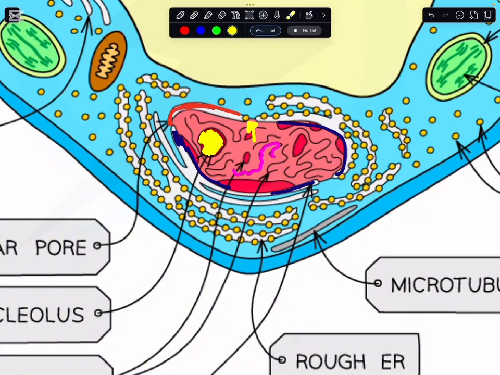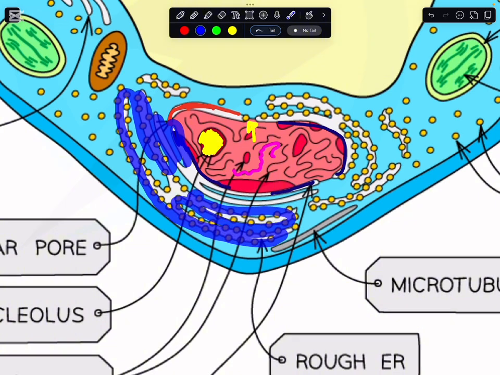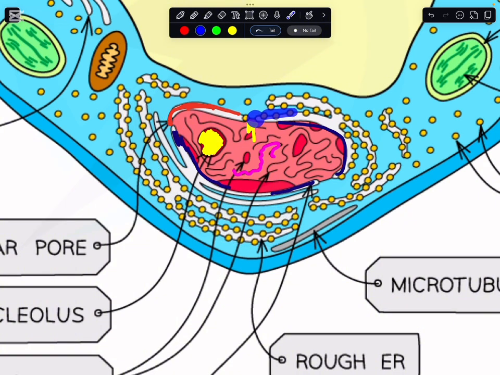And in close association with the nucleus, what we have now is the membrane of the rough endoplasmic reticulum, and the rough endoplasmic reticulum usually lies in close association with the nuclear outer envelope. One thing that I said earlier when I was writing the components: here we have the cytoplasm, but within the nucleus we have this nucleoplasm.